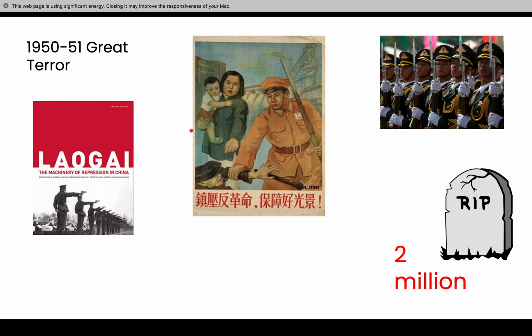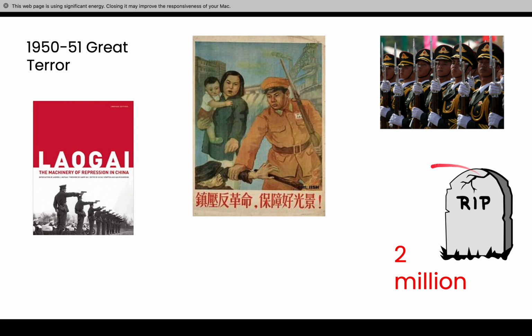So to summarise the Great Terror, it lasted until 1953, not 1951 as it says here, and people who were targeted were often sent to re-education camps. Those re-education camps were known as laogais. Within the laogais, people were to undergo thought reform. 9 out of 10 of their prisoners were political, and they brought in Soviet experts to support this movement.